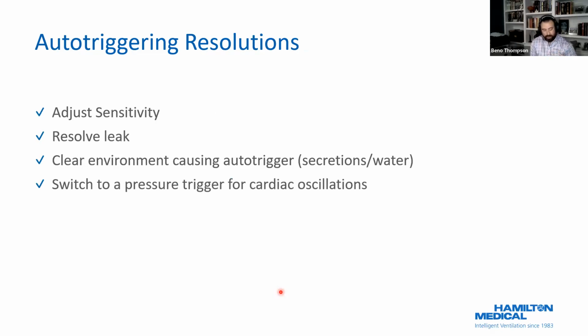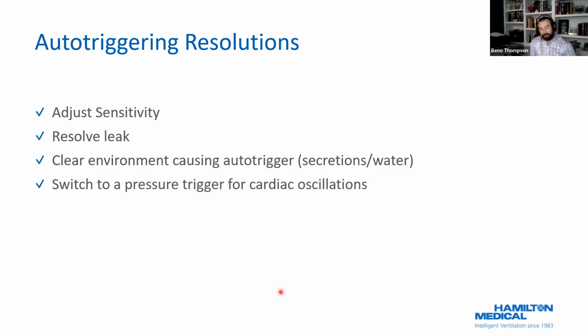what I see people do is just jack up the flow trigger to something ridiculous like 12 liters or 15 liters or something, right? To lock the heart out. But when you do that, you also lock the patient out. The patient couldn't trigger either.